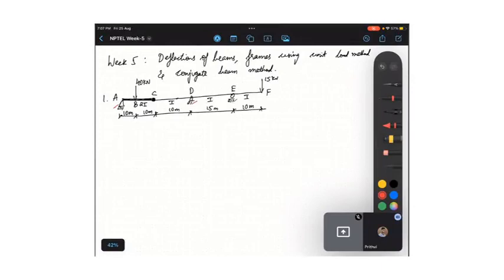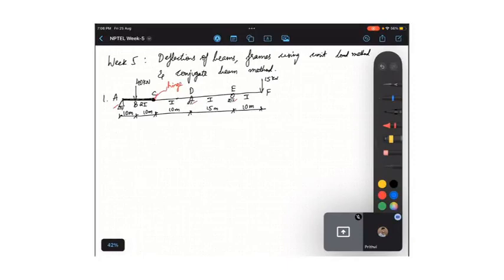So there are three unknowns, and the equations of equilibrium are two: forces in the vertical direction, and the sum of moments. But we also have an internal hinge here, so we'll have another equation coming from the hinge: the sum of moments about the hinge is 0. So the given structure is a determinate beam.